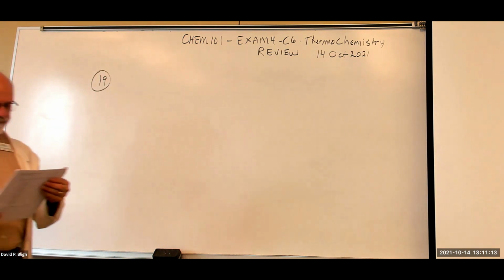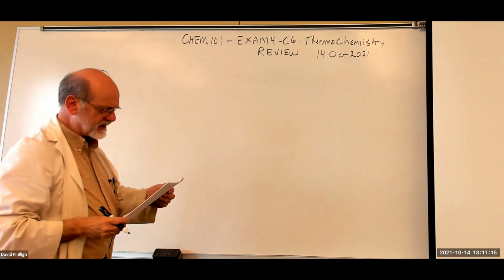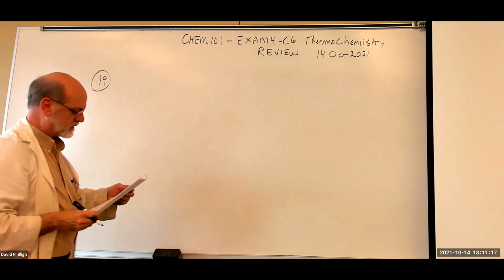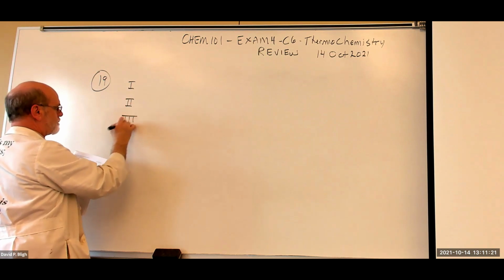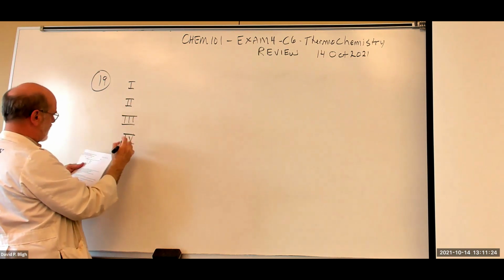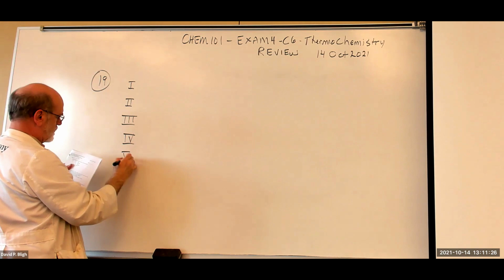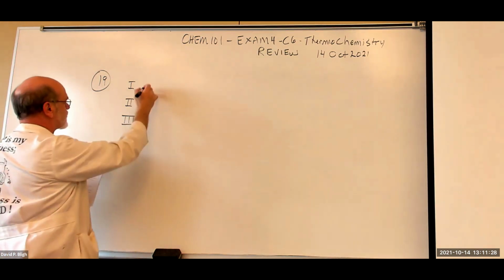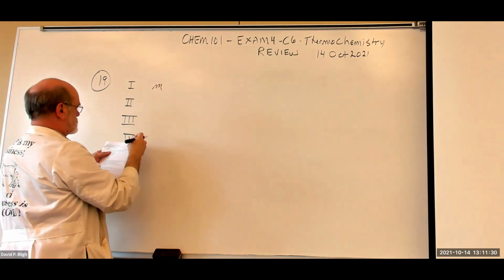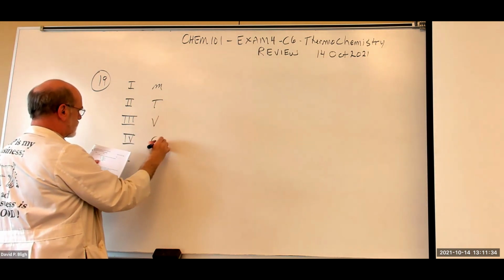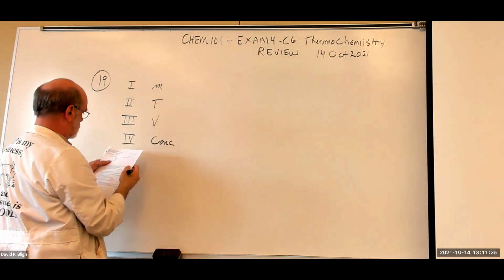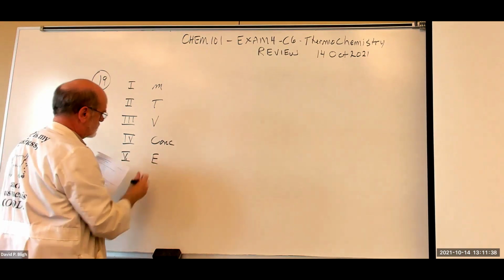Number 19, which of the following properties is or are intensive properties? So we got these choices. Five of them? Yeah. Okay, which of these are intensive properties? Mass, temperature, volume, concentration, or energy.